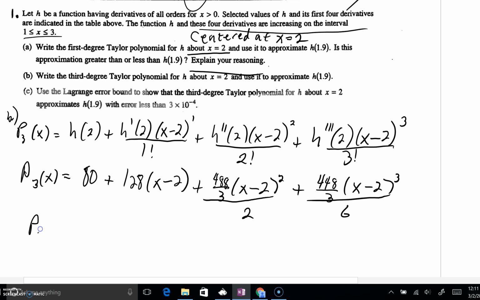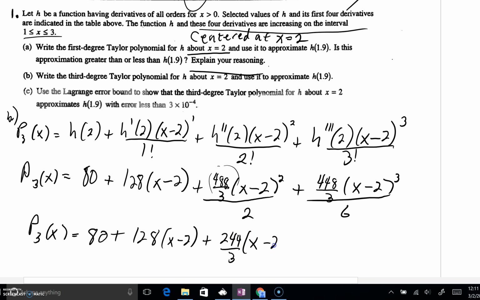Now, we might as well clean this up. As you just divide and clean this up just a little bit, 488 all over 3, you're going to take half of that. That's going to be 244 all over 3 times x minus 2 squared here.